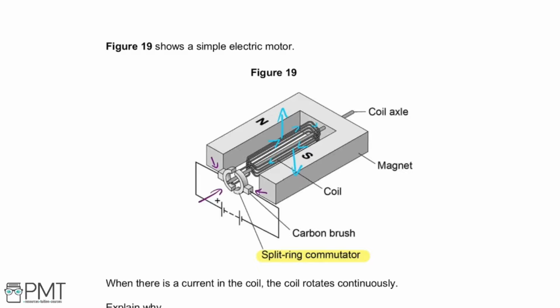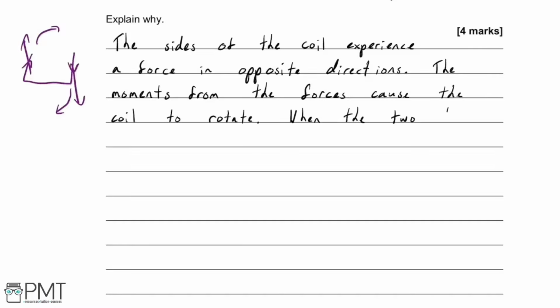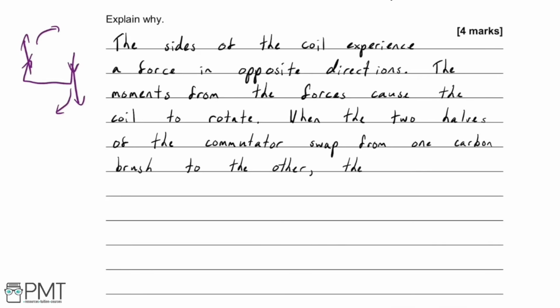Because the coil is connected to the commutator, the current will actually switch to be going in opposite directions. So what I'm writing for that is: when the two halves of the commutator swap from one carbon brush to the other, the commutator reverses the current in the coil to keep the forces in the same direction and keep the coil rotating.